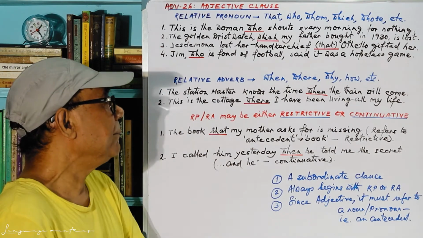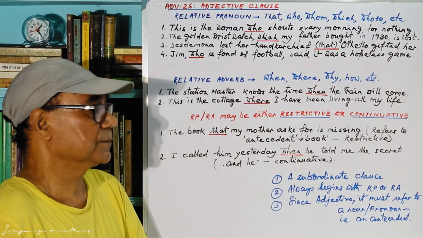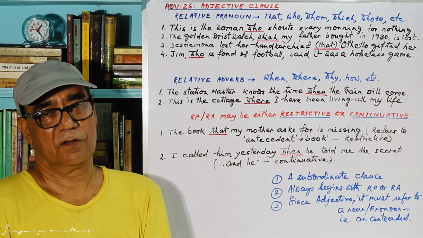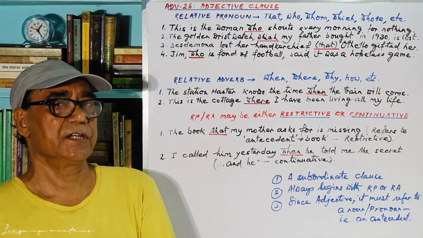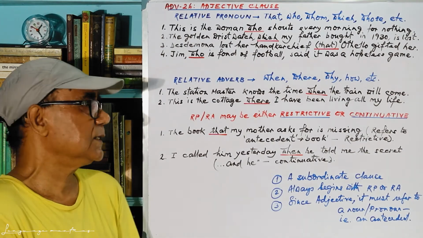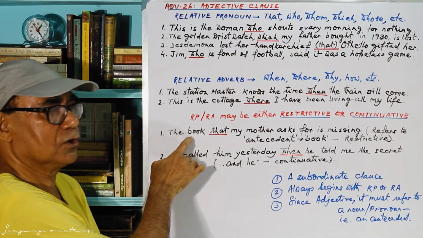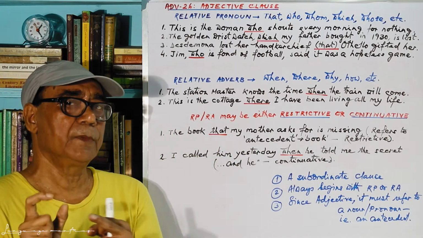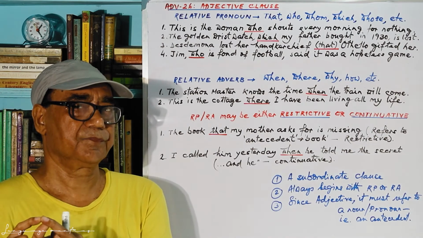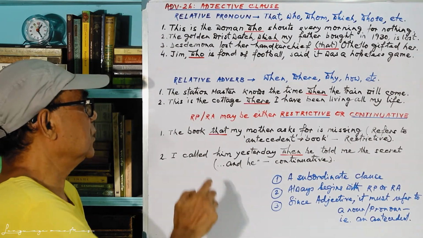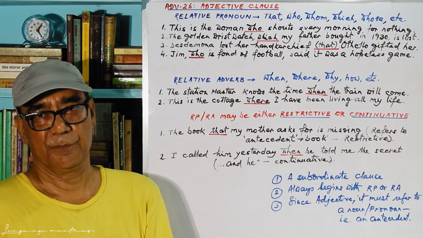The book that my mother asked for is missing. What kind of sentence is this? This is of course an adjective clause because that is there, and that refers to this book. So that particular book my mother needs or asks for, and this book is the antecedent of that.